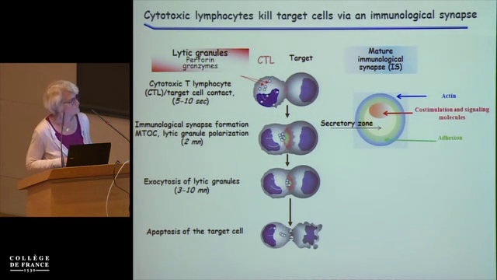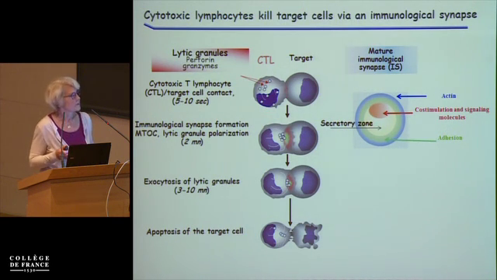will dock. And thus, following minutes of immunological synapse formation, the microtubule organizing center and the lytic granules which contain perforin and granzyme polarize toward this immunological synapse. Lytic granules dock in this secretory zone and release their contents into a small cleft, which is transiently formed between the two cells.